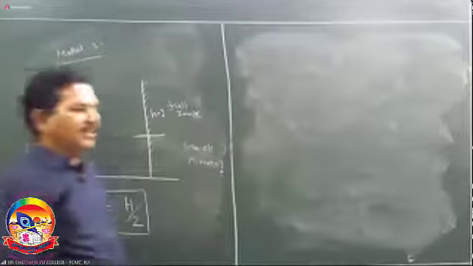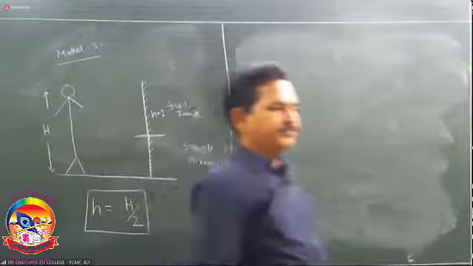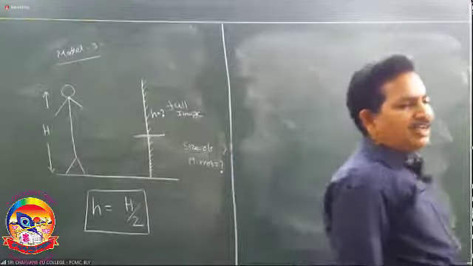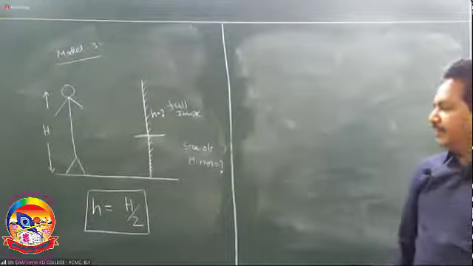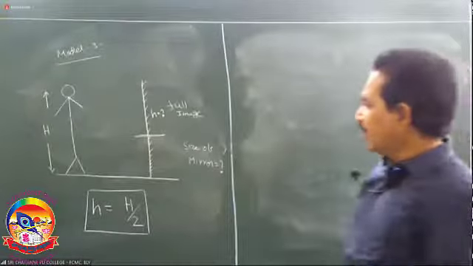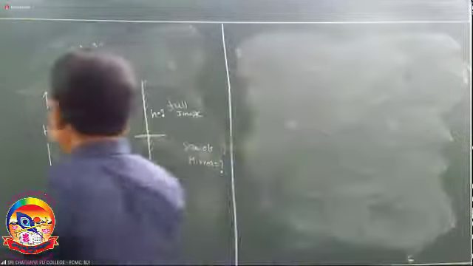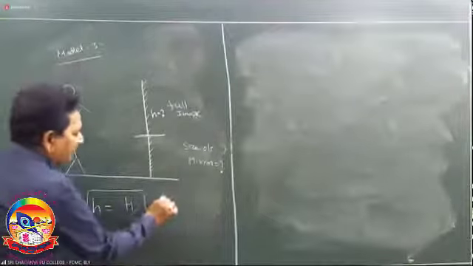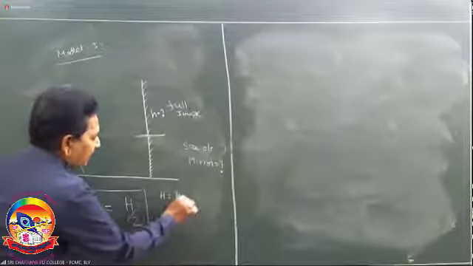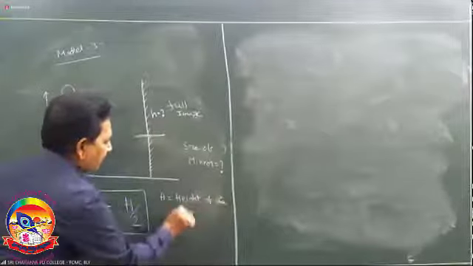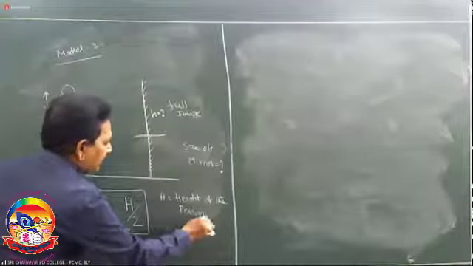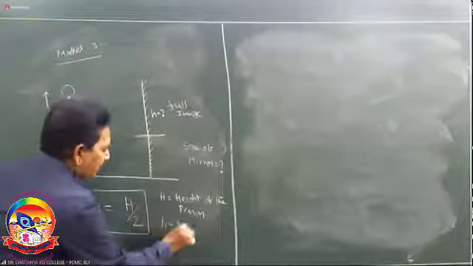Where capital H is the height of the person and small h is the length of the mirror. Capital H is nothing but the height of the person in front of the mirror. What is small h?